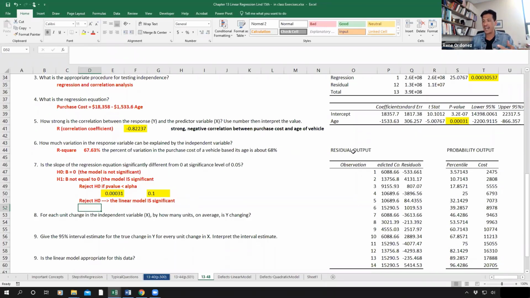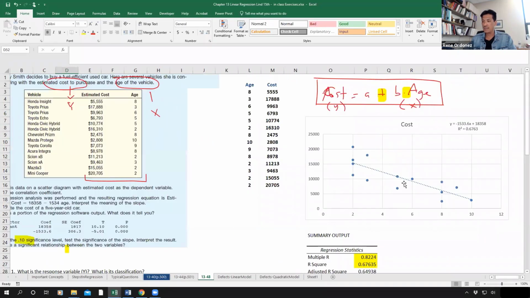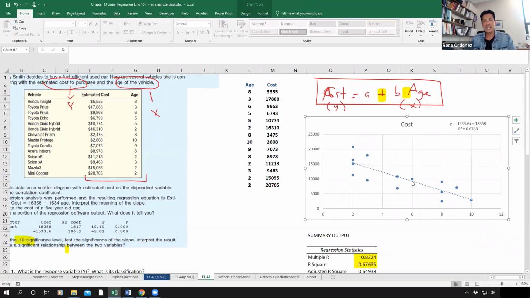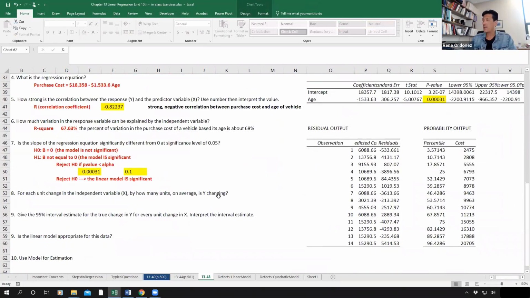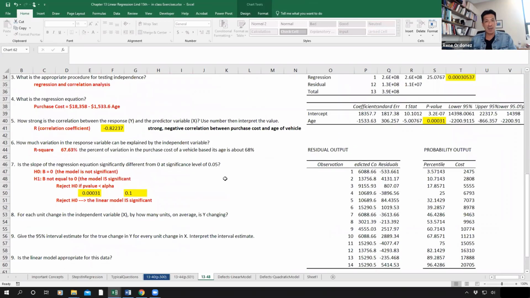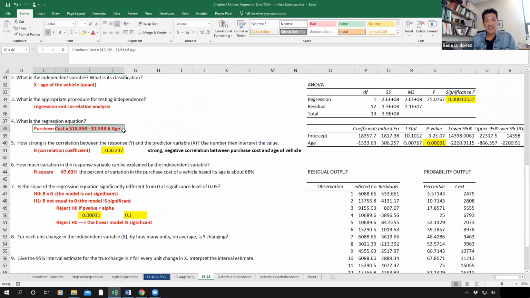In fact, in this case, the actual slope of the model is negative. Okay, we good so far? So at this point, we have determined that the linear model, and what's the linear model? Here it is. This particular model is significant.